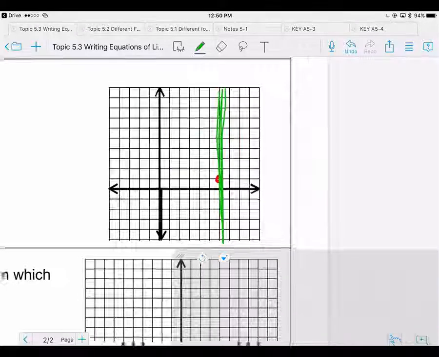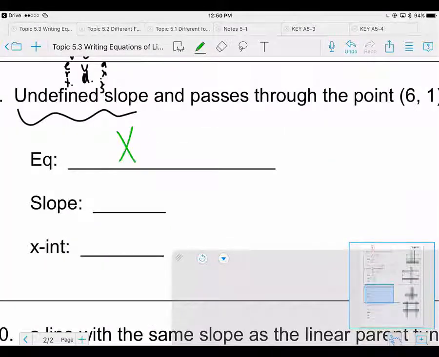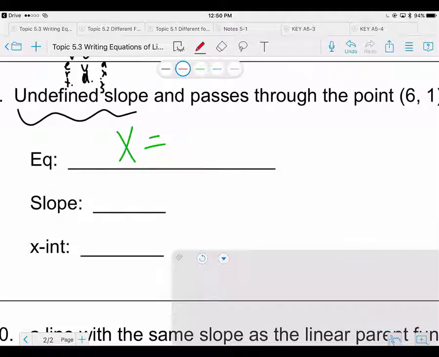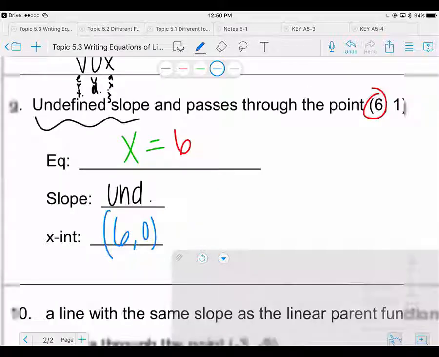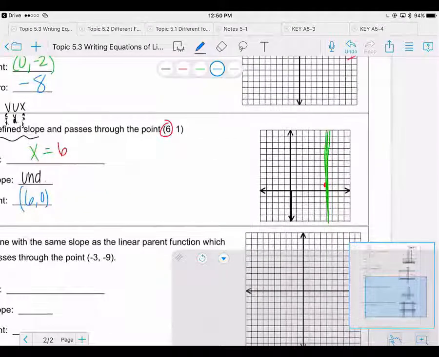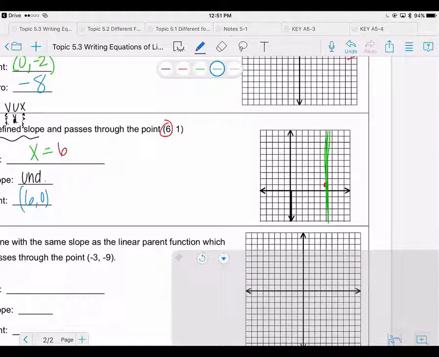So again, this goes through your x-axis at your x point. The undefined slope was given to us, and our x-intercept is 6, 0. We have no y-intercept, which is why they did not ask for one.